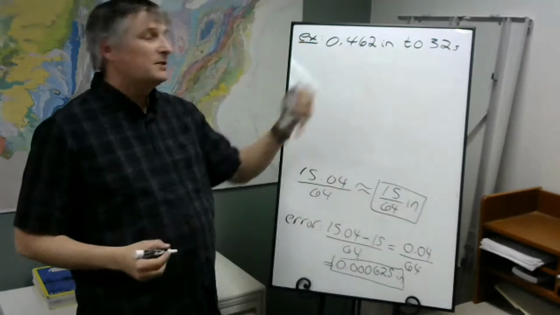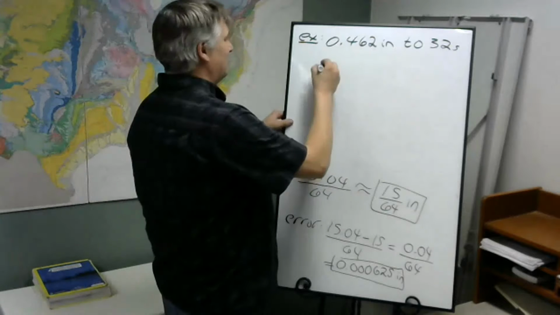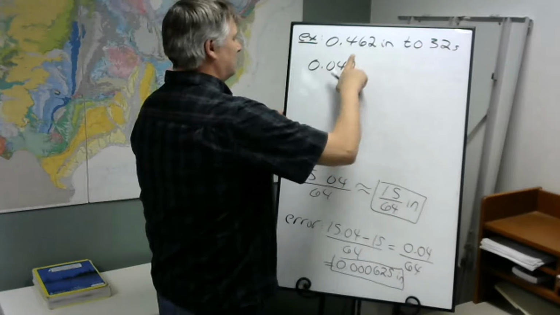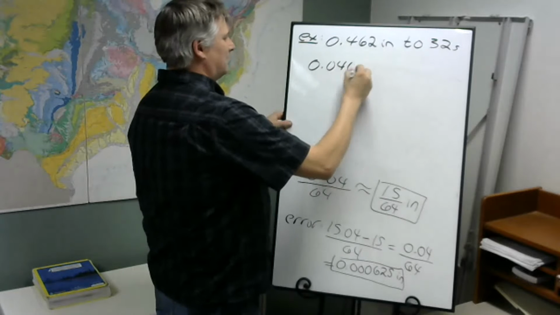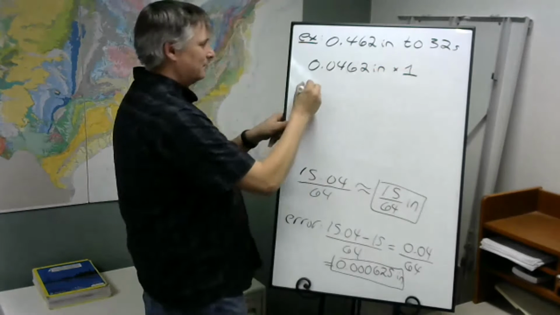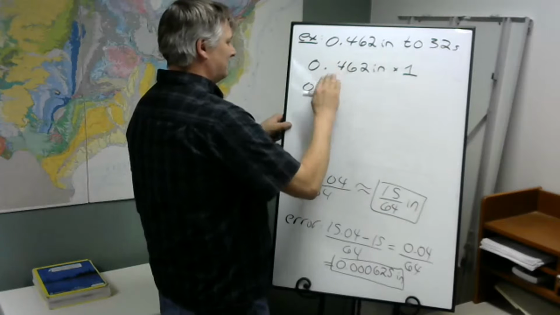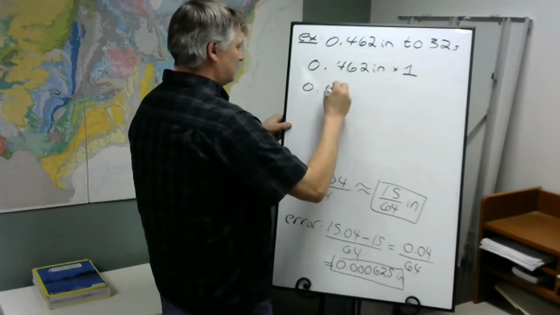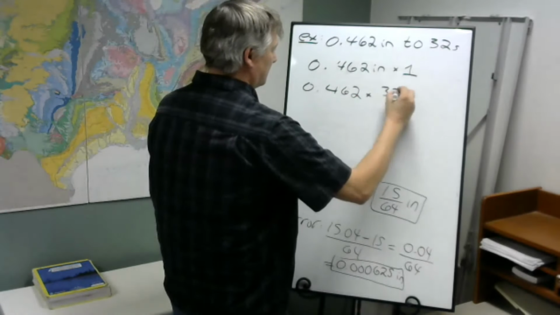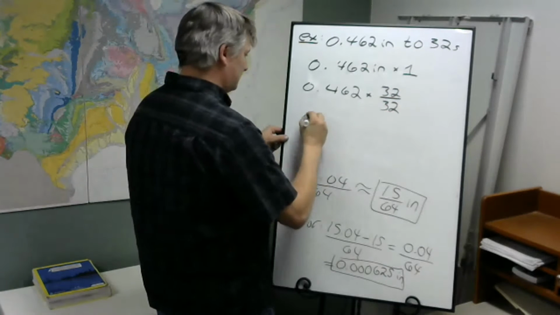Let's convert this to 32nds of an inch. So again, multiply by 1. We'll multiply across.